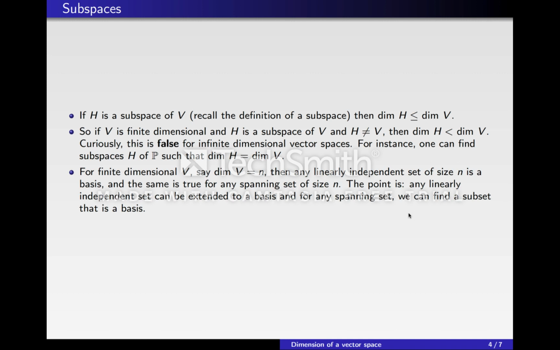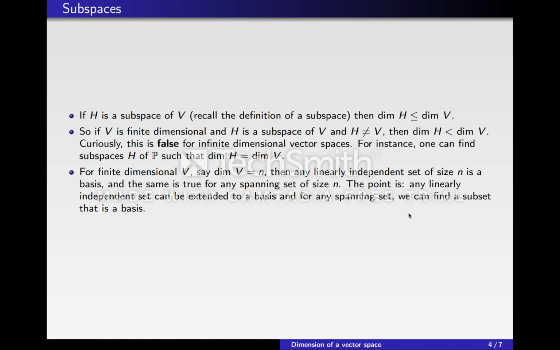For a finite dimensional vector space V, we also have the following fact that was observed before. Any linearly independent set of size n is a basis, and the same is true for any spanning set of size n. The point is just that if you have a linearly independent set, you can extend it to a basis.